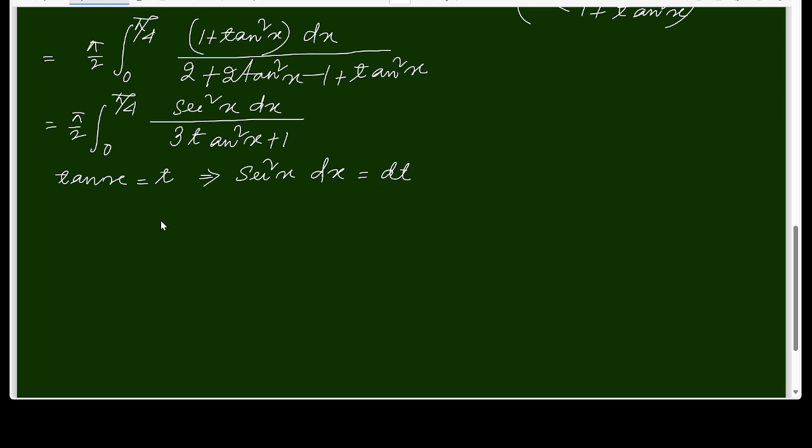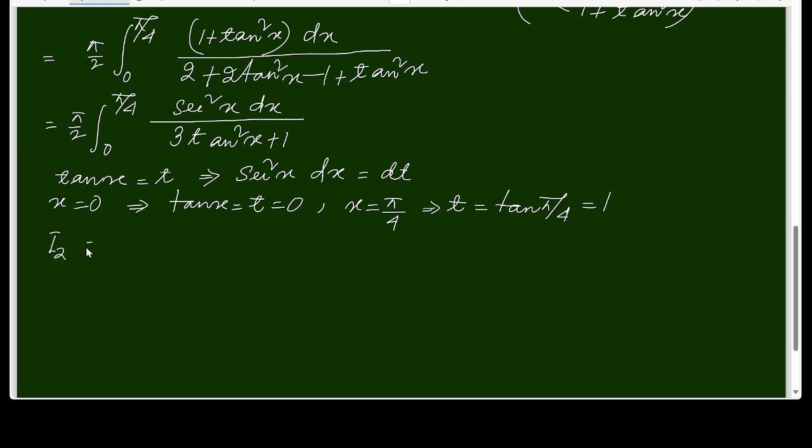Here the lower limit is x equals 0, that means tan x, that is t, equals 0. So the lower limit is again 0. And when x equals pi by 4, t equals tan pi by 4, that will be 1. So integral 2 is now pi by 2, integral 0 to 1, dt upon 3t square plus 1.